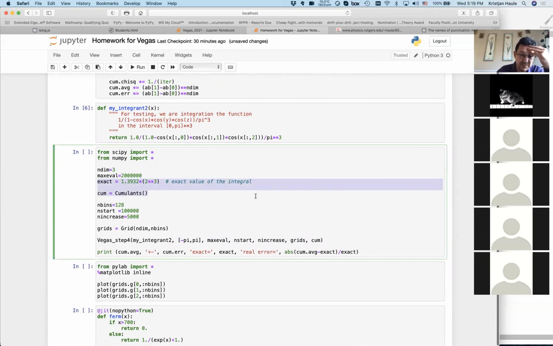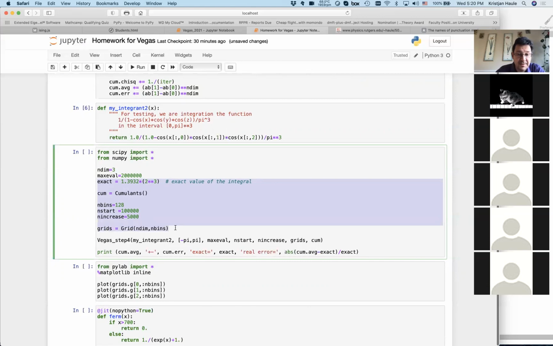We have the same 128 values for the grid points, or number of bins for the grids. We are going to start with 100,000 random numbers at the very first step, and then every time the next step is being done, we're going to increase this by 5,000 random numbers.